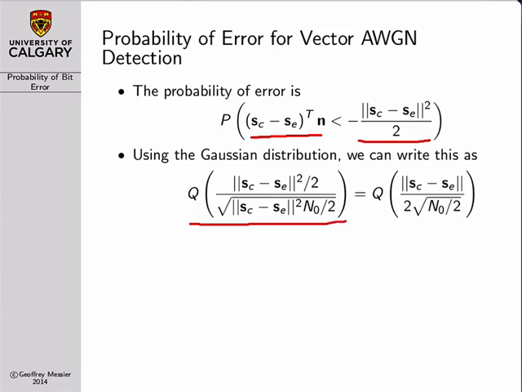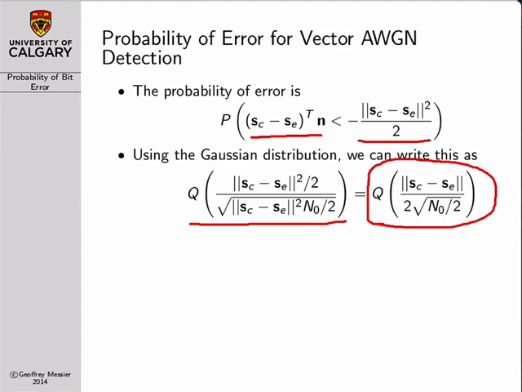We've got the squared distance between those two vectors appearing in the numerator and the denominator, so we can do some canceling. And then the final probability of error is just the Q function, with the argument being the distance between the two vectors divided by the standard deviation of the noise, or the slightly scaled standard deviation of the noise.